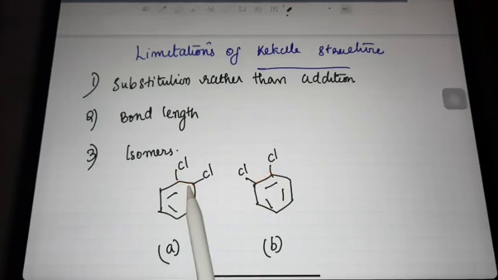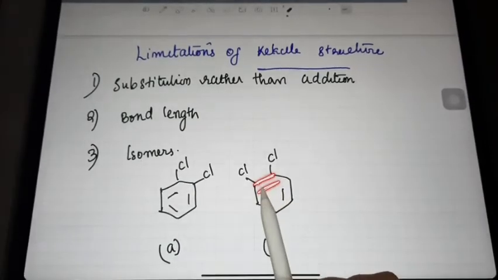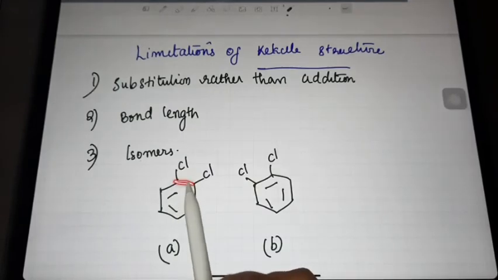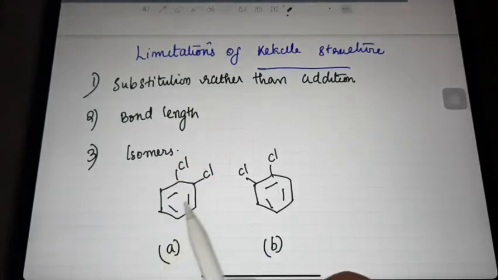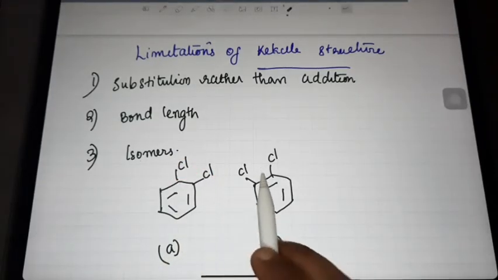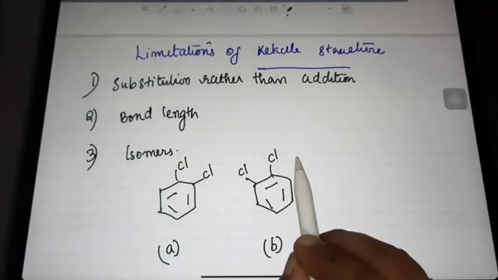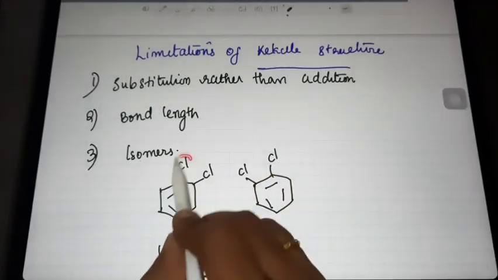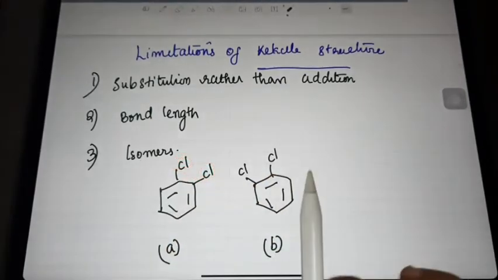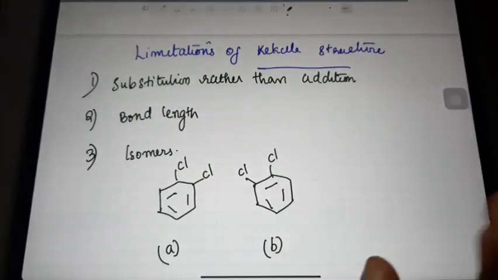But you can see in one of the isomers, the chlorine atoms are attached to the doubly bonded carbon atoms, while in the other, the chlorine atoms are attached to the singly bonded carbon atoms. However, benzene was found to form only one ortho disubstituted product. Ortho means adjacent positions.